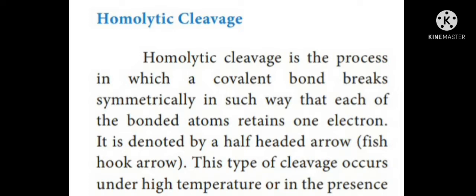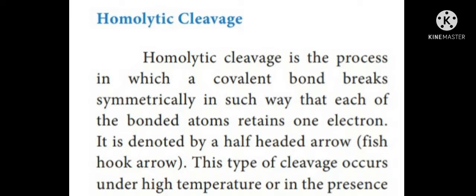First, we will discuss homolytic cleavage. Here, the covalent bond is formed between two atoms in a molecule. Each covalent bond contains two electrons. The covalent bond breaks symmetrically in such a way that each of the bonded atoms retains one electron.